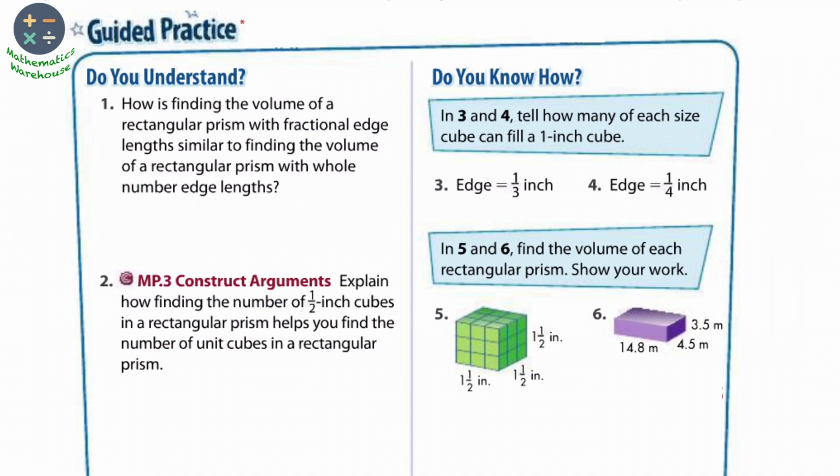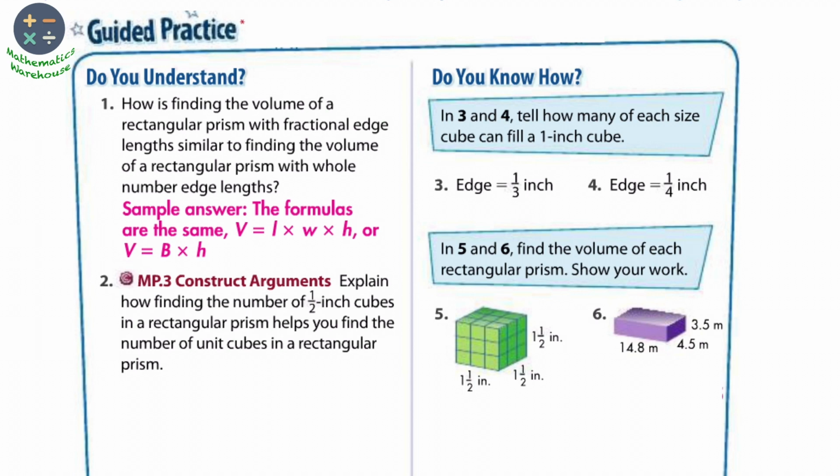First question, how is finding the volume of a rectangular prism with fractional edge length similar to finding the volume of a rectangular prism with whole number edge length? Actually, we have the same formula. Volume equals length times width times height, or volume equals area of base times height. But only we have different calculations.